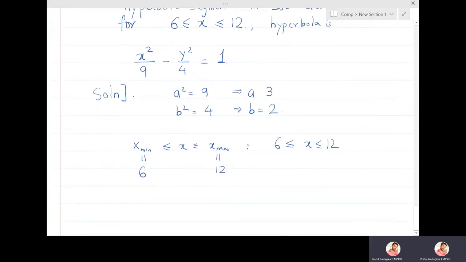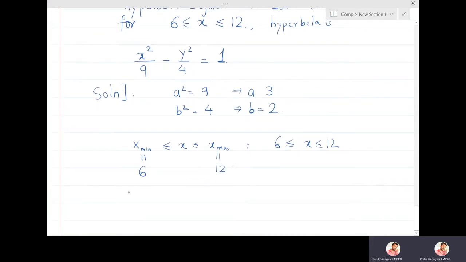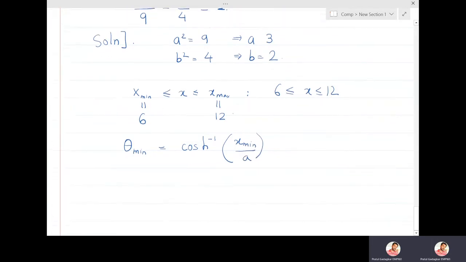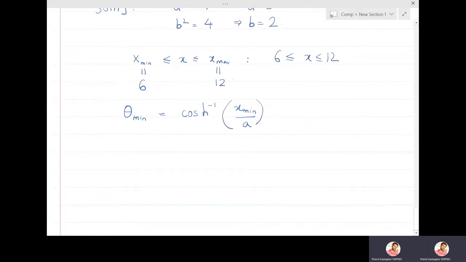As soon as I get x min and x max, I will find theta min. Theta min will be equal to cosh inverse of x min upon a, which is cosh inverse of 6 upon 3, which is cosh inverse 2.